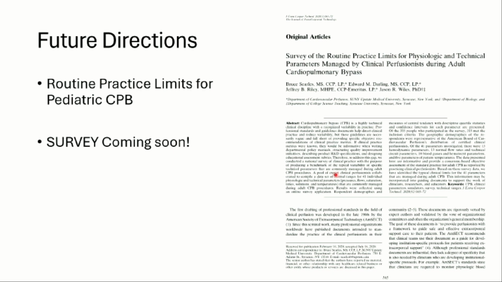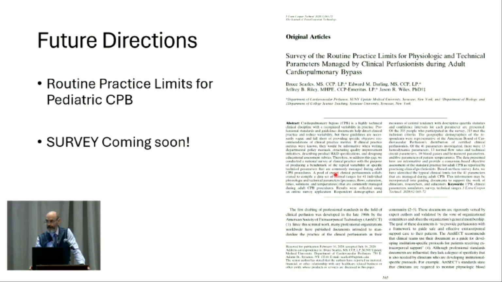So what's next? Well, the next thing is there's going to be elements. You told us about skills like managing blood pressure, but we didn't ask you in this survey, well, what blood pressure? And that is something that we've done for the adult community. We have this survey of routine practice limits and physiologic and technical parameters managed by clinical perfusionists during adult cardiopulmonary bypass.